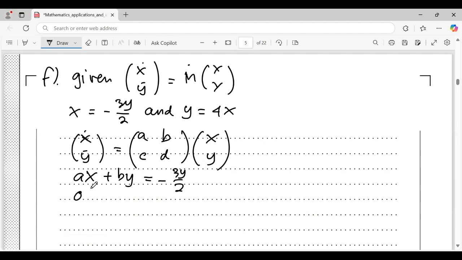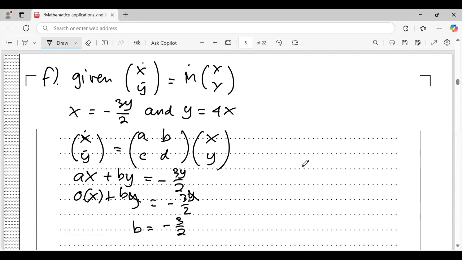So 0 times x plus by equals minus 3y/2. Dividing by y, b equals minus 3/2.